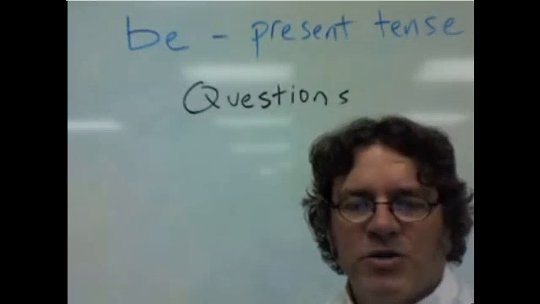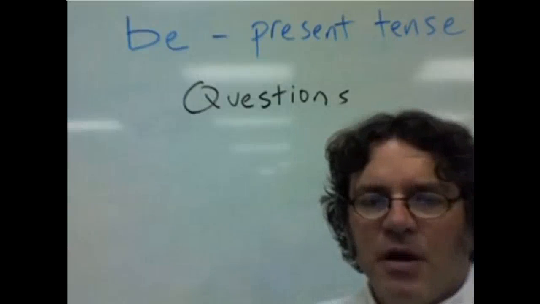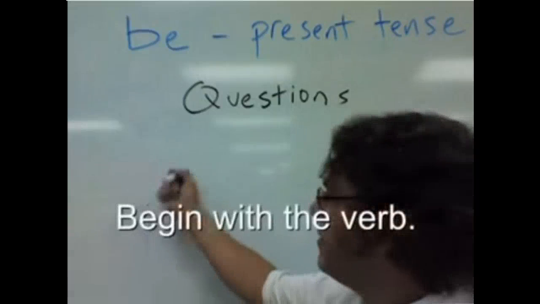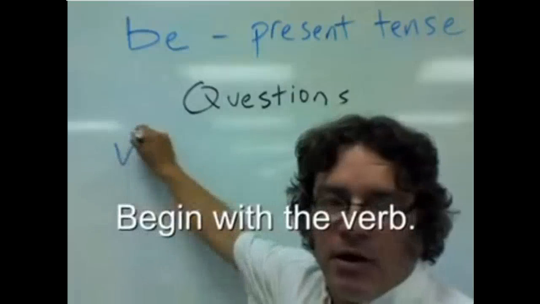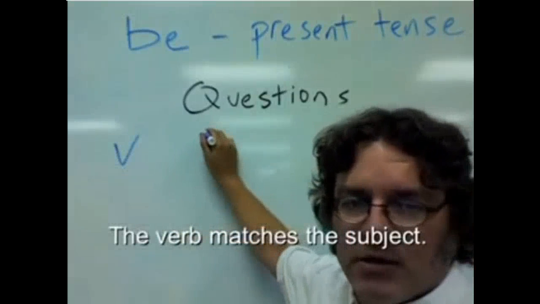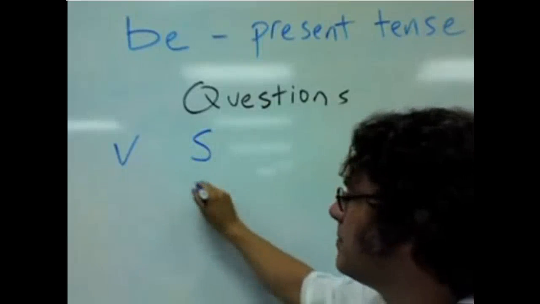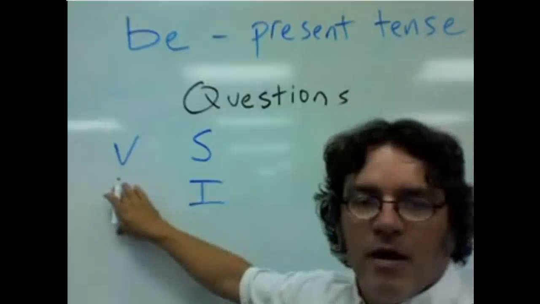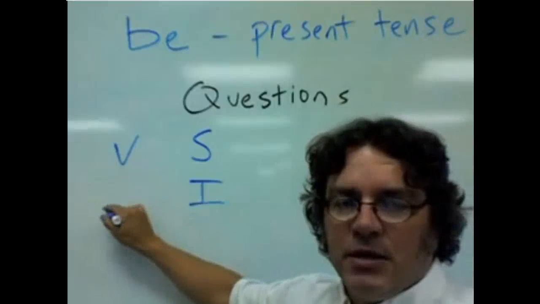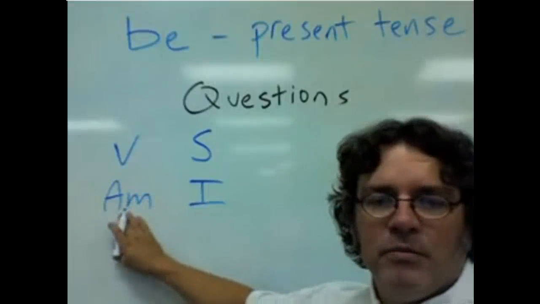To make a question with the verb be in the present tense, begin with the verb, and the verb matches the subject. So if the subject is I, the verb be is am.